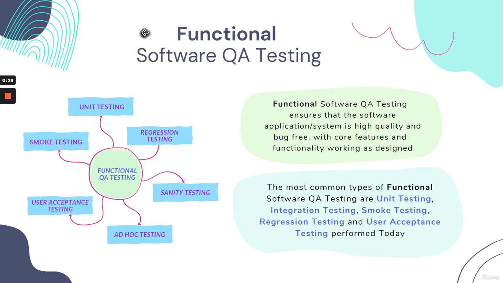The most common types of functional software testing are unit testing, integration testing, smoke testing, regression testing, and user acceptance testing. We will go into more detail with every single one of these testing types under the functional testing umbrella.